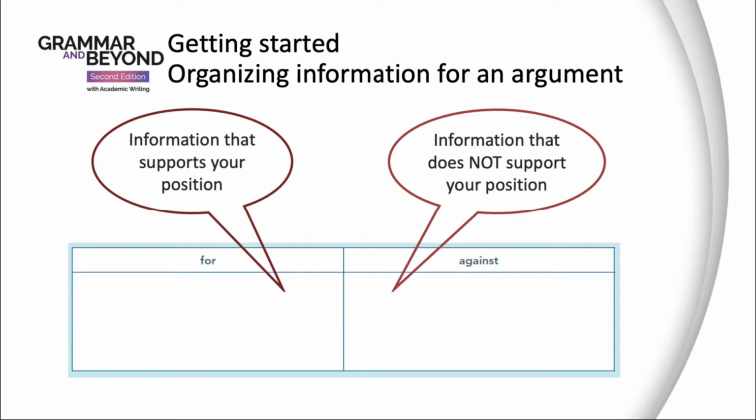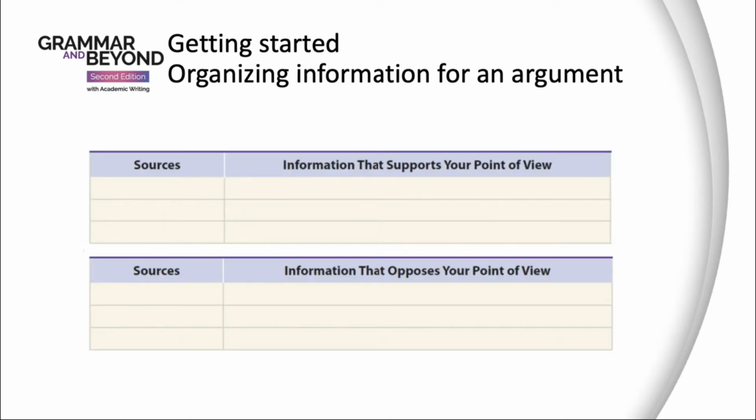It's because any good argumentative paper is going to anticipate arguments against the position that you're taking. And so you want to have that information and be able to incorporate it in your essay. It's also good to use this sort of a chart, table chart, to put sources down and information that supports your point of view, some notes on that, and sources that oppose your point of view, and also include some notes on that.